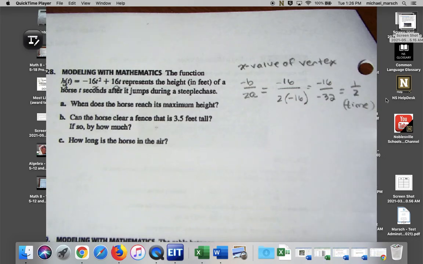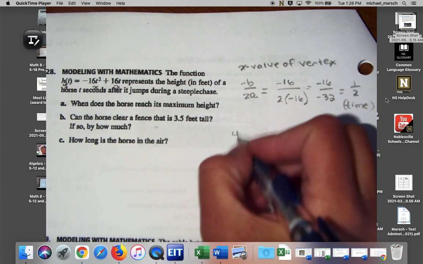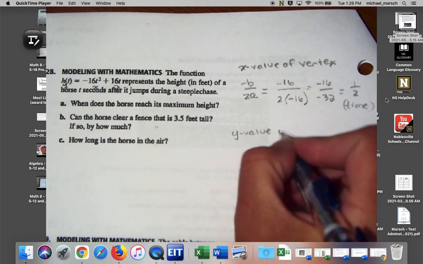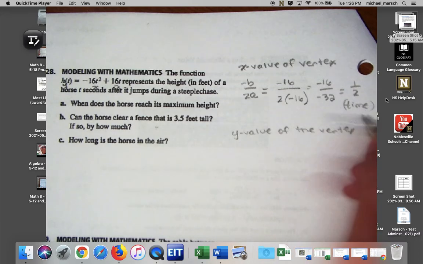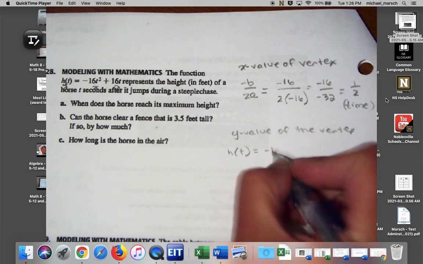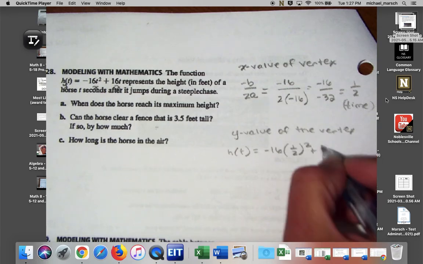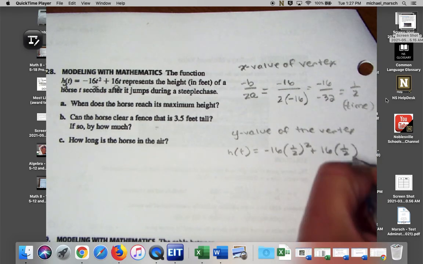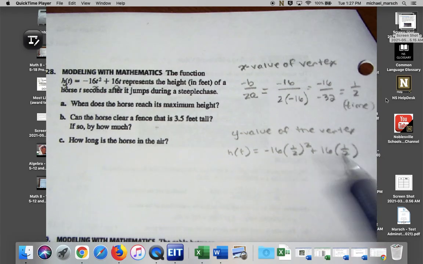So we're going to take this 1/2 and put it into this quadratic. So the y value of the vertex: negative 16 times 1/2 squared plus 16 times 1/2. I put the t value into the quadratic.